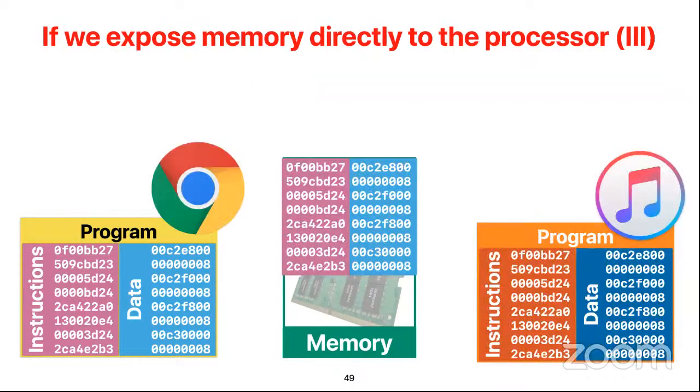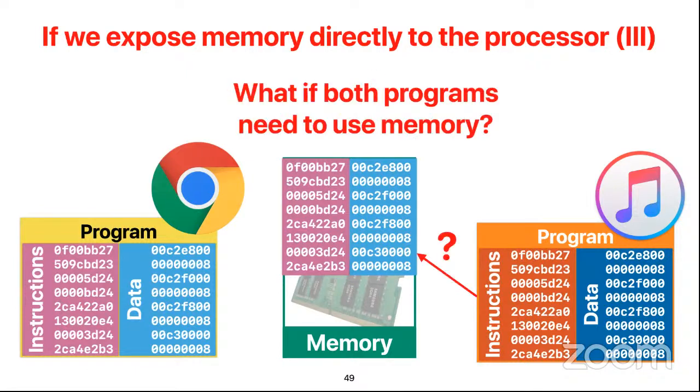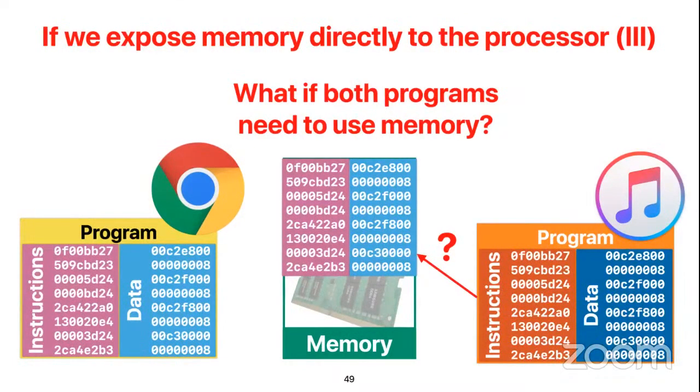And another thing is that, although the memory is big enough to accommodate one program, if I want to run multiple programs at the same time, how can I deal with that? It turns out that you need a virtual memory abstraction.